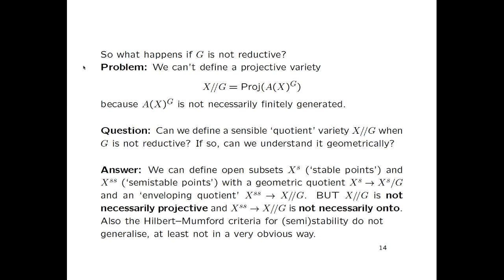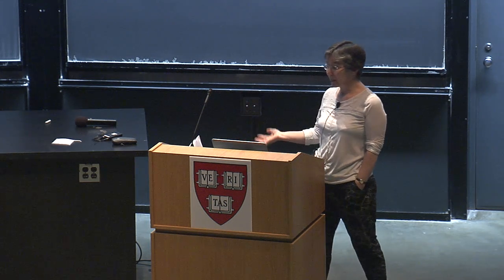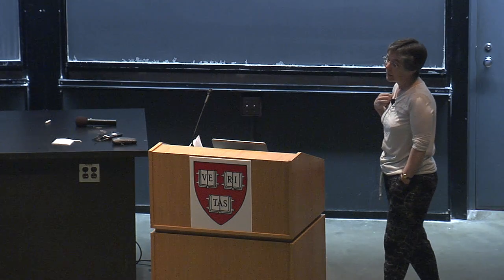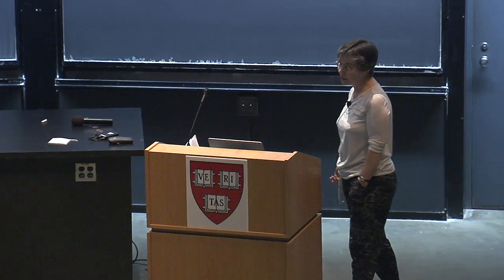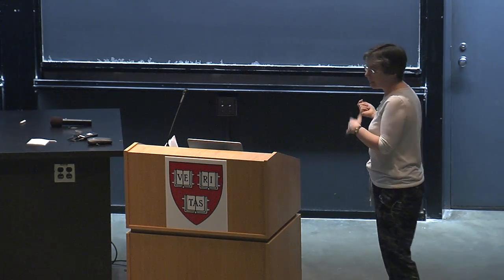So that's the classical, the reductive situation. And so we can ask what happens if the group is not reductive. Then you run into issues right at the beginning of the construction, because the graded algebra given by the invariants is not necessarily finitely generated. And so although you can define some sort of projective scheme, it's not very well behaved.